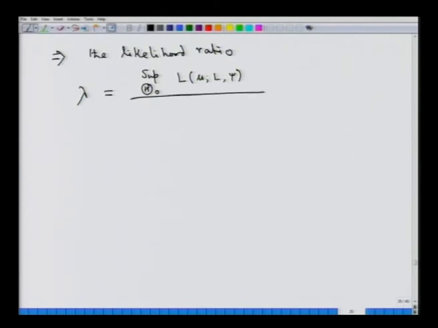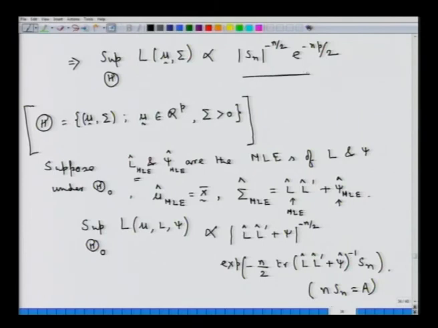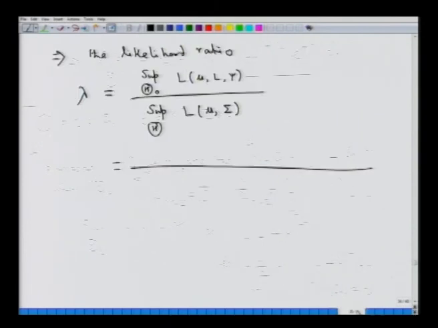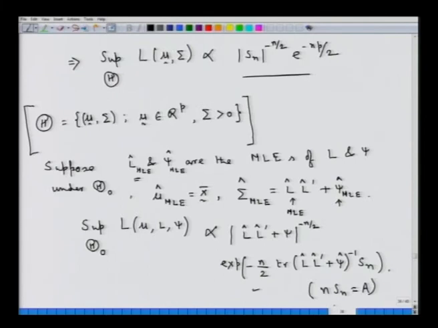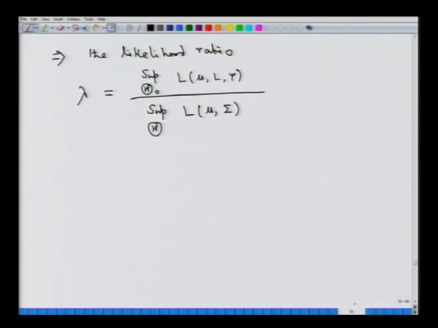This L corresponds to the factor loadings, over the supremum over script theta of L of mu, sigma. So, for this term we can look at what terms we had got earlier, use this form here and this form here in order to write this particular likelihood. So, we can use these forms in order to write the final form of this likelihood ratio using asymptotic theory.